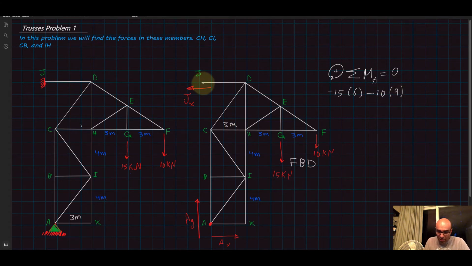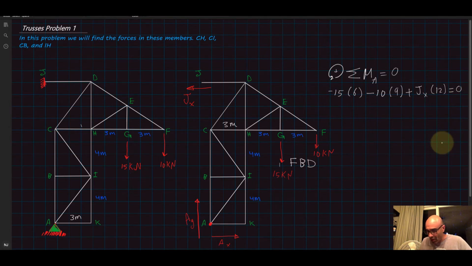Good. Now this force, Jx, is going to rotate it counterclockwise, which is positive. So I'm going to say Jx, and it's acting at 1, 2, 3 times 4, so that's 12 meters. And that's it. There are no other moments. These do not create moments because they are at 0 distance from the axis of rotation, and then we can say this is equal to 0.